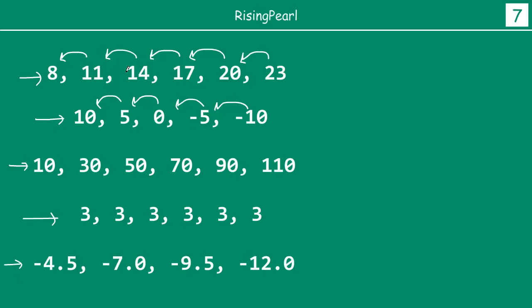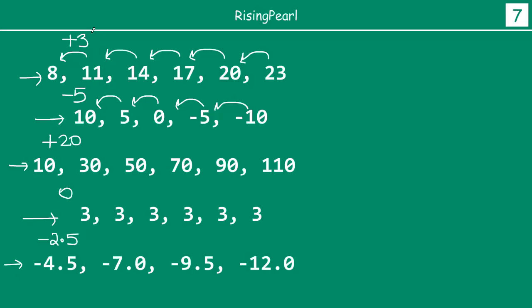Like I said, in the first example, it was plus 3. In the second example, it was minus 5, the common difference that is. In the third example, it was plus 20. In the fourth example, it was 0. And in the fifth example, it was minus 2.5.